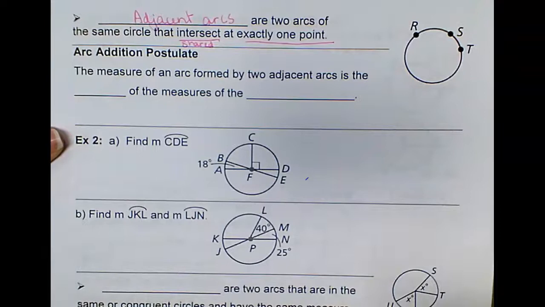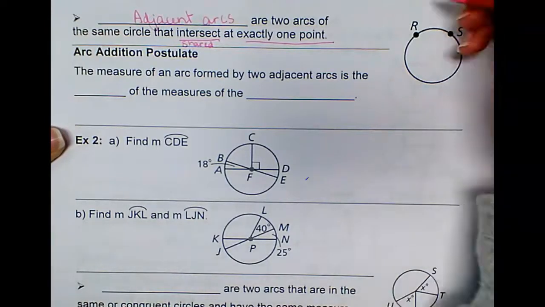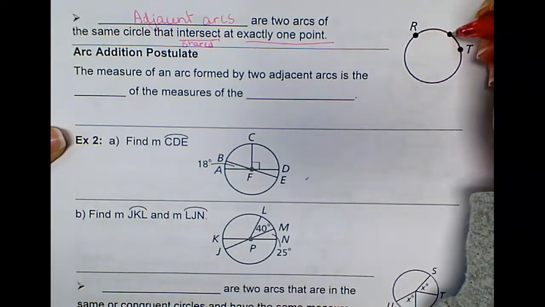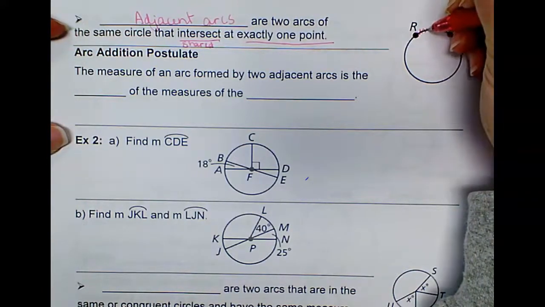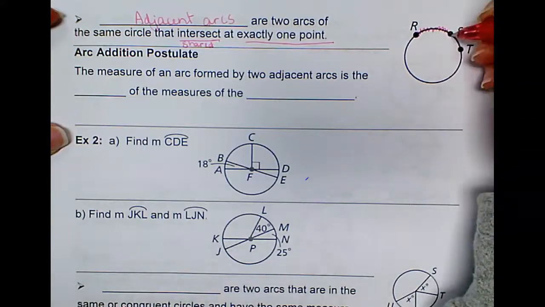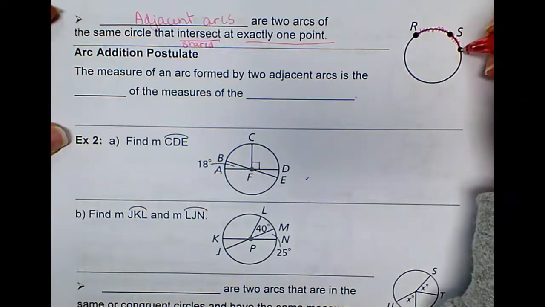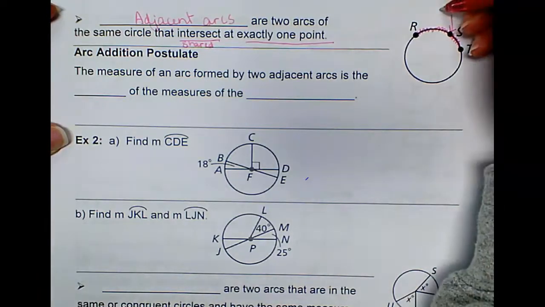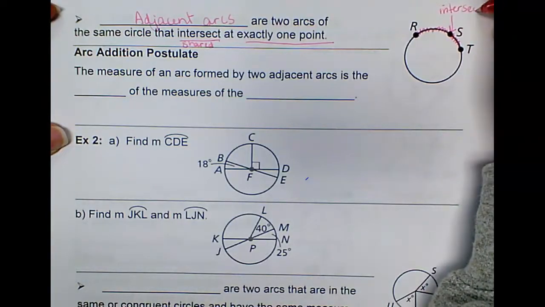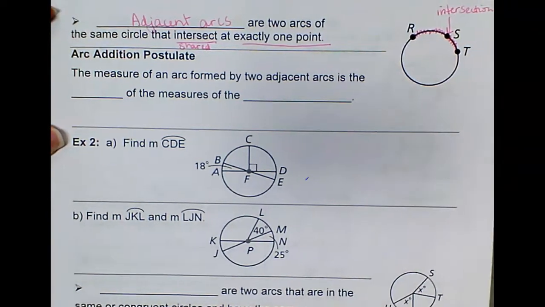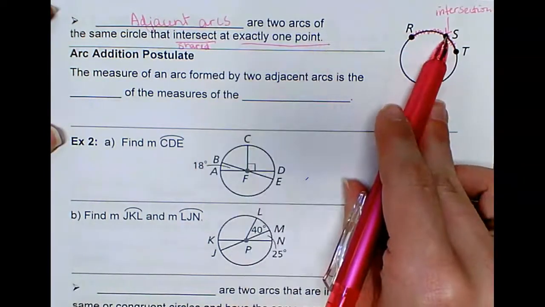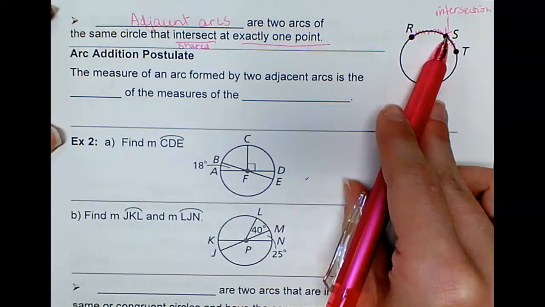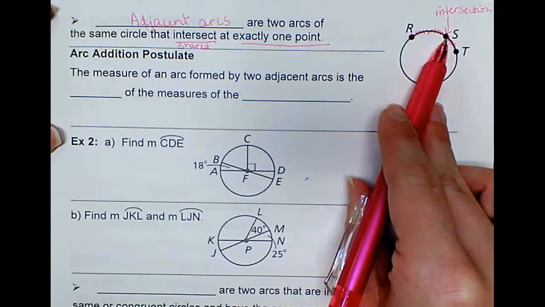And so the adjacent arcs that are pictured in this figure would be arc RS and arc ST, because arc RS contains point R, point S, and all the points in between, and arc ST would contain point S, point T, and all the points in between. And this point right here is the intersection. And they only share one point as the intersection, and here it's point S. So it's basically arcs that are pushed together and touching at one point.